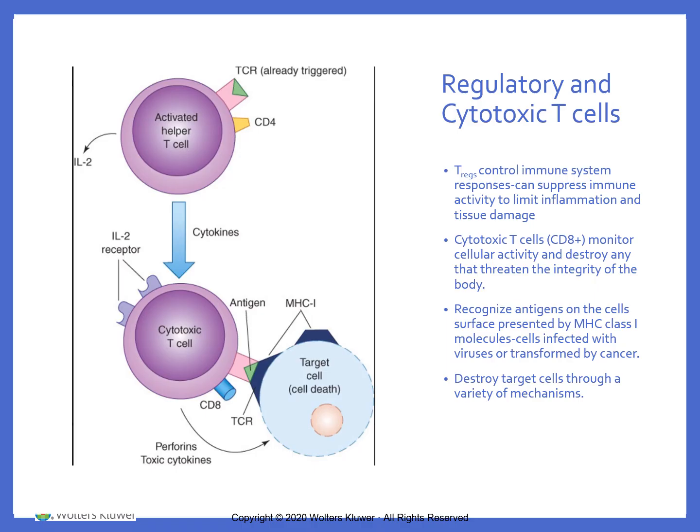They can also bind to and attack cells that have been transformed by different cancers. So the immune system plays a predominant role as well in the control of different types of cancer formations in the body. And they destroy those target cells through a variety of different mechanisms, but the end result is destruction of that target cell by those cytotoxic T cells.